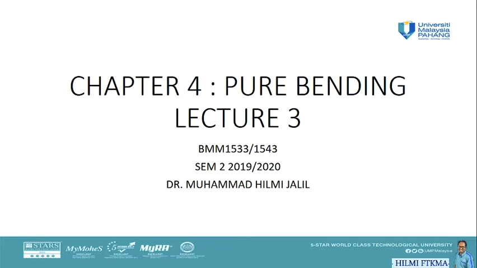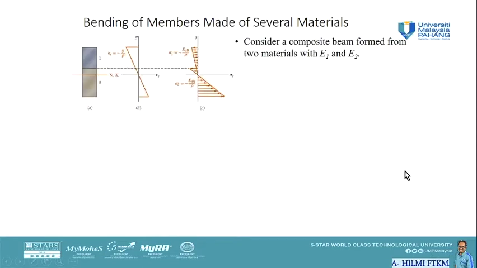In this video, we are going to continue with chapter 4, pure bending. The topic for lecture 3 is members made of composite materials, or several materials. The formula and derivation that we have learned in the previous part were based on the assumption of homogeneous materials.